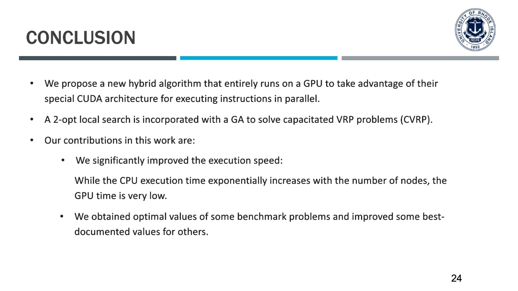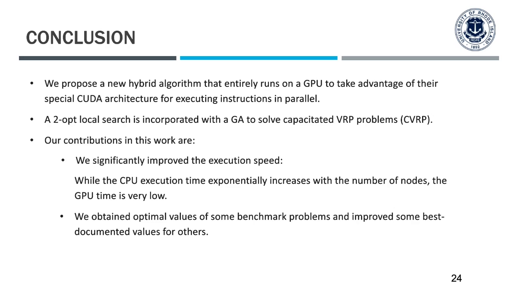In conclusion, we propose a new hybrid algorithm that entirely runs on a GPU to take advantage of their special CUDA architecture for executing instructions in parallel. A 2-opt local search is incorporated with a GA to solve capacitated VRP problems, the CVRP.